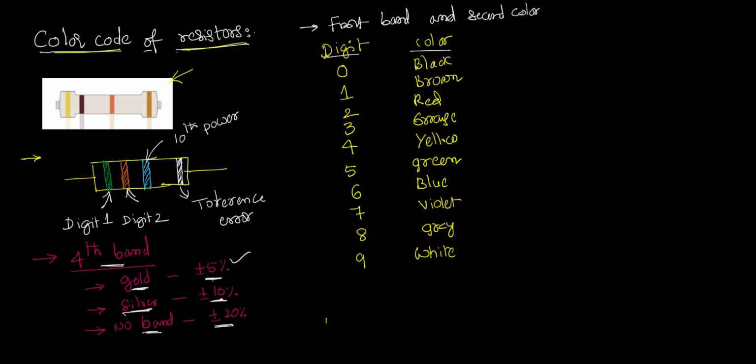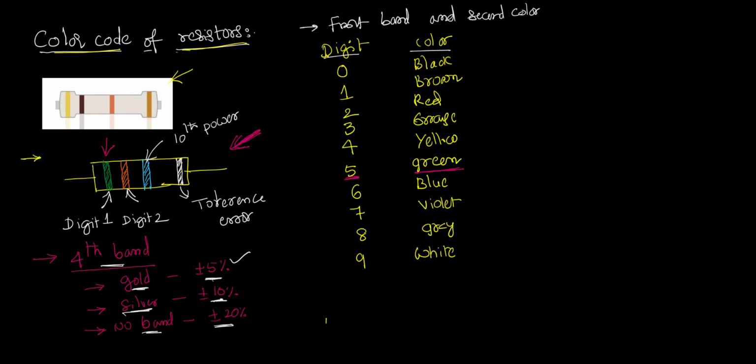For example, let's have a look at this diagram that I have drawn. What is the resistance of this resistor, if somebody asks? You should look at the digits. The first digit is drawn green. What is the value of green? Green represents 5.